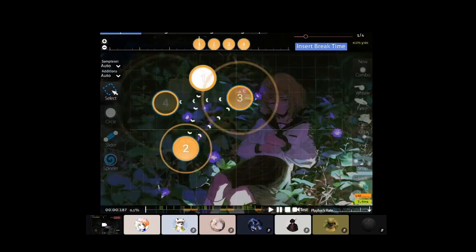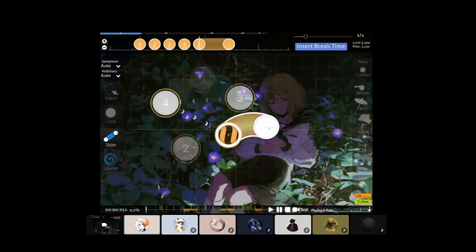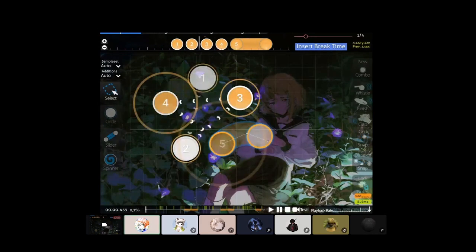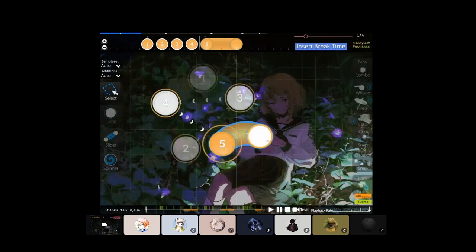Again, it was going around clockwise. So let's say I put a slider here, and the slider is implying motion counterclockwise. Very slow slider.